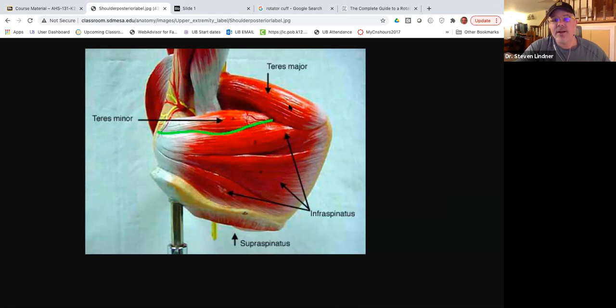And that's where Teres Major is going to insert pretty close to that lesser tubercle side, but a little bit further in. It's actually going to attach to the bicipital groove. So you have these three going to the greater tubercle, this one attaching just past the lesser tubercle on the bicipital groove. But this one here, this is the triceps. This is the long head of the triceps.